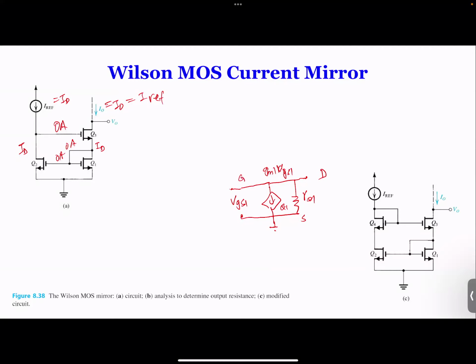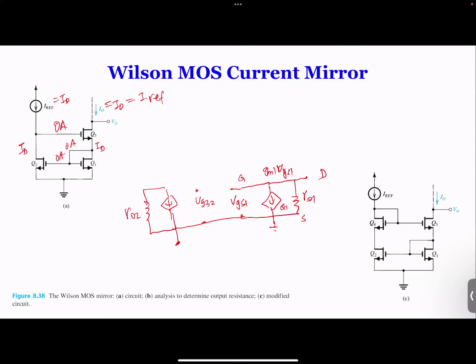So now we figure out Q2. So Q2, we're going to draw it like this. This VGS2, we just flip it. And then here we have a current source. And this is also grounded. And this is RO2.